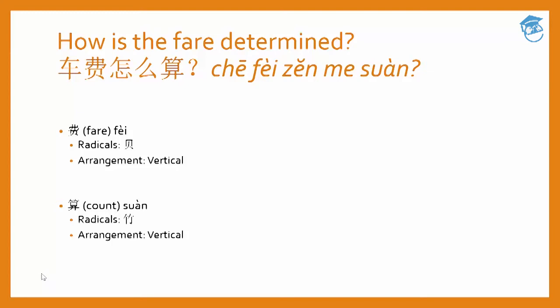Just like how to go somewhere, you ask 怎么去. So this grammar structure is pretty similar to that. So in the end, 车费怎么算 is asking, how do you determine the fare?